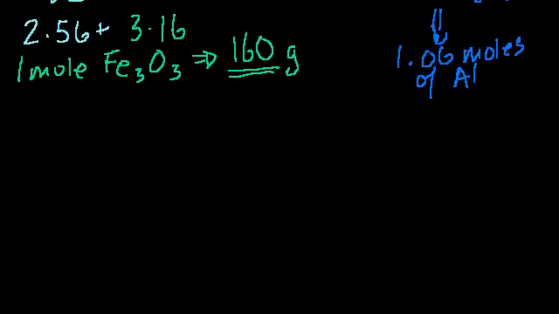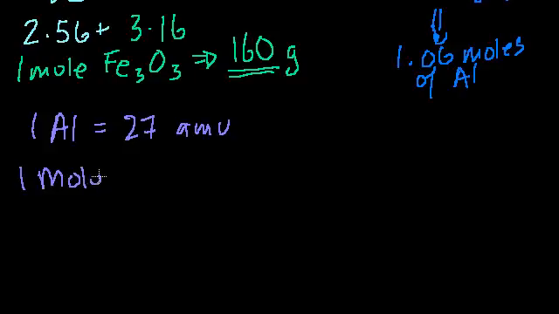So one aluminium atom is 27 atomic mass units. So 1 mole of aluminium, or 6.02 times 10 to the 23 aluminium atoms, is going to be 27 grams.